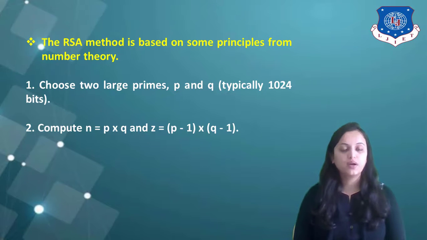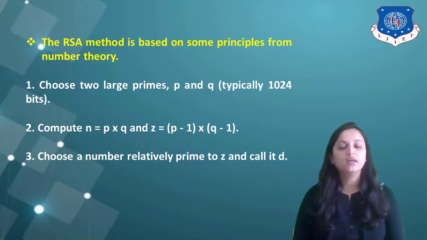That means we need to subtract 1 from each of the selected prime numbers, and then obtain the product of these two, which we will denote as z. So step 2 is to compute the product of P and Q, denoting it as n, and the product of P minus 1 and Q minus 1, denoting it as z.